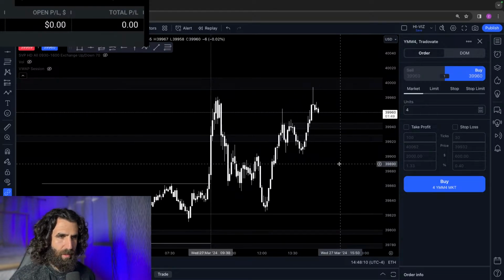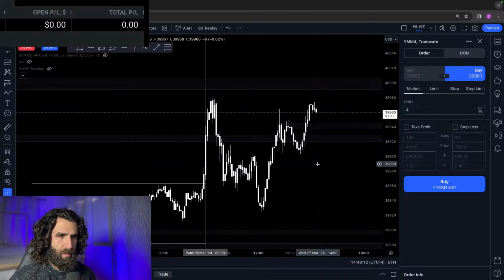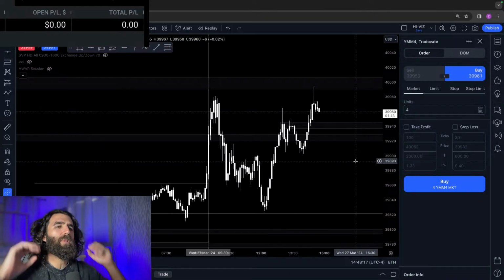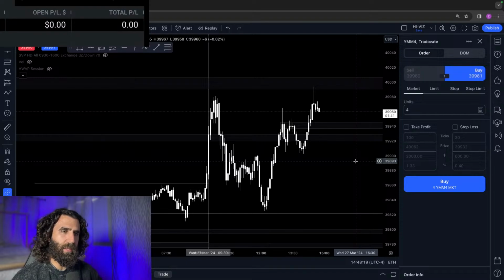I don't know why. Probably not any real reason that I'd be able to quantify, but the volume seems to line up really nice there. Price action seems to lead on the NASDAQ compared to the other indexes, but the sizing on the Dow is much easier. You can size in super small and it's just much more flexible.